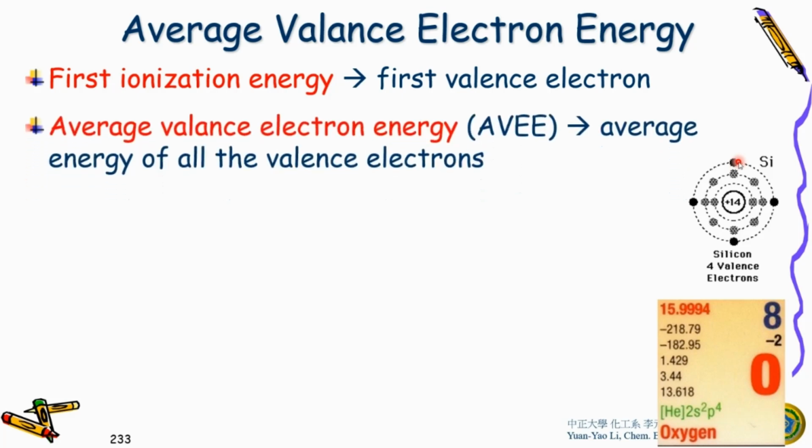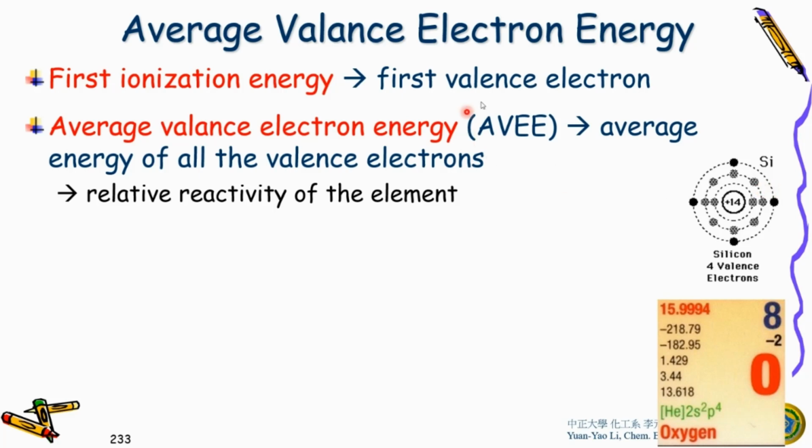And another term is called average valence electron energy. We call it AVEE for short. Okay, so this is the energy required to take out 4 of these electrons. And this is the relative reactivity of the element.